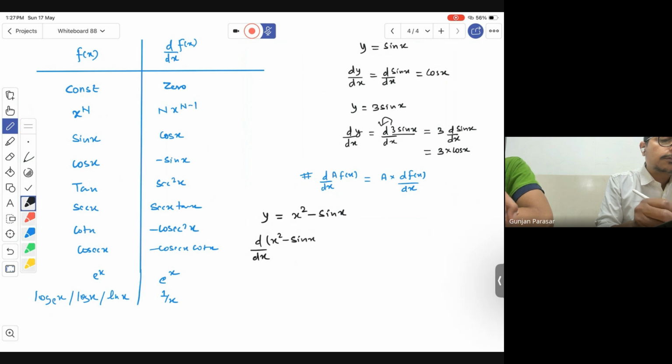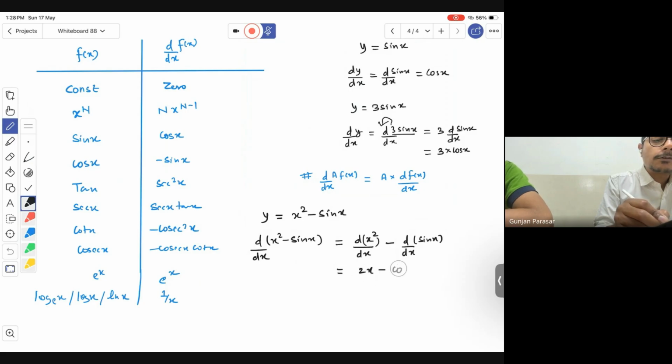What I will do next is so natural, you will end up doing this even without someone telling you to. It will be equal to differentiation of x square minus the differentiation of sin x. And we know how to find these: 2x, and cos x. So 2x minus cos x.